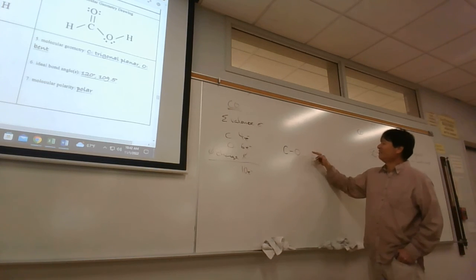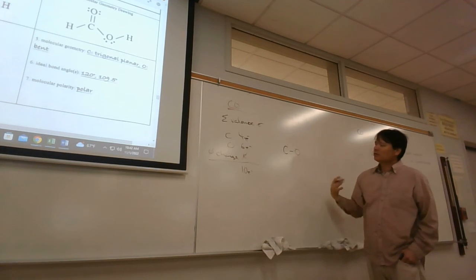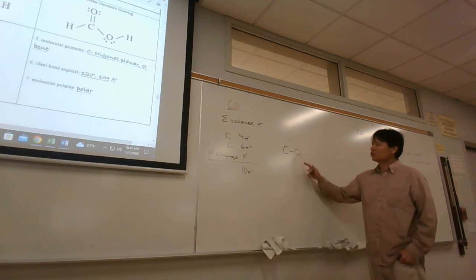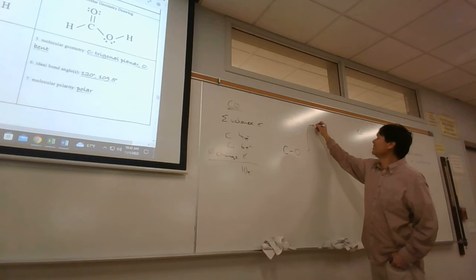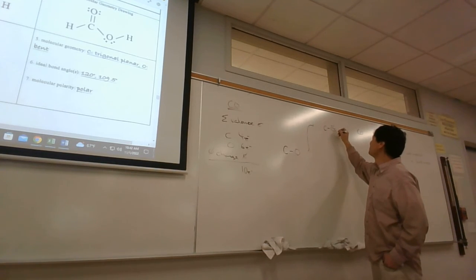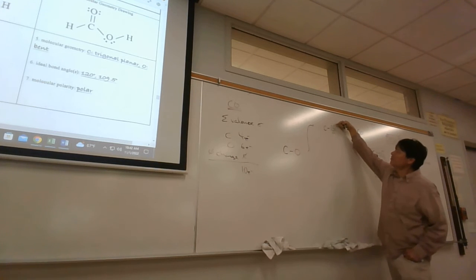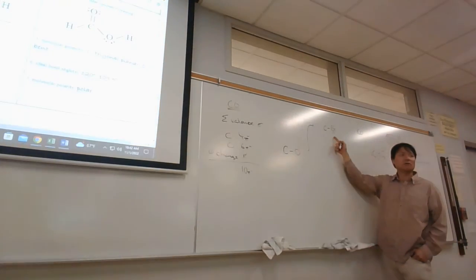Okay, then the next step is we complete the octet to the more electronegative element. The more electronegative element wants electrons more. So which one wants electrons more, carbon or oxygen? Oxygen. So we're going to complete the octet around oxygen by adding 6 more electrons. 3 lone pairs and 1 bond gives us a total of 8 electrons around the oxygen.